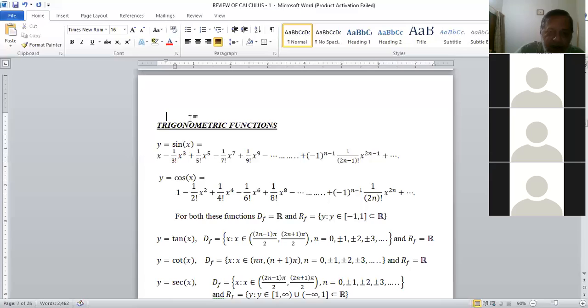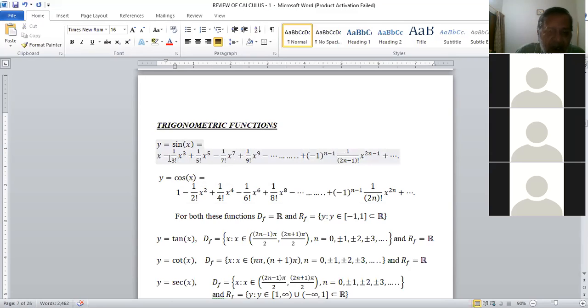More transcendental functions, and the examples are trigonometric functions, particularly because sine and cosine can also be written as infinite polynomials, and that is also done using Maclaurin's expansion. Sine ka expansion jo hai, that starts with power x, then all odd powers are involved up to infinity.